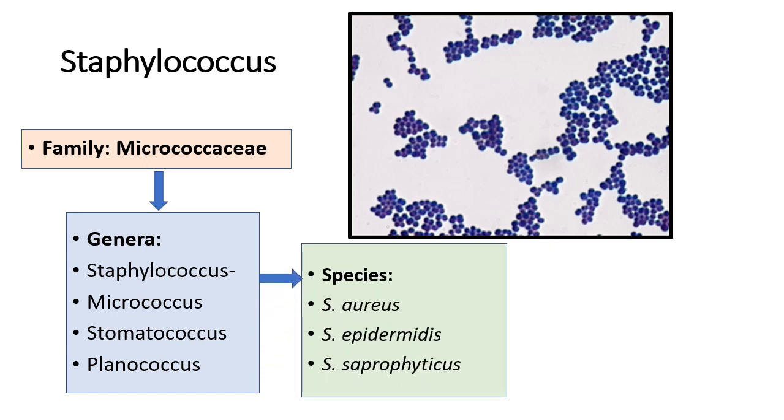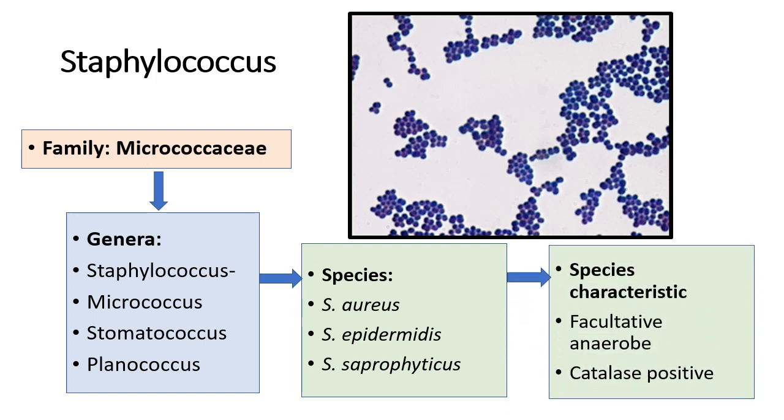We will take the most important genus, which is associated with disease in man, that is Staphylococcus, and the species are Staphylococcus aureus, Staphylococcus epidermidis, and Staphylococcus saprophyticus. These are some of the species which are associated with disease in man.